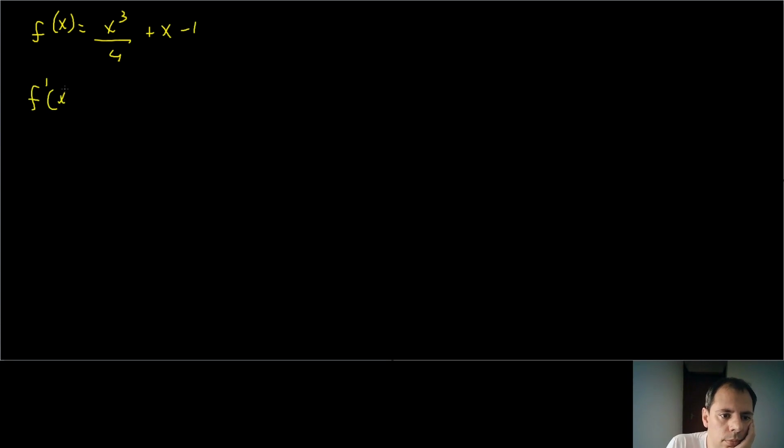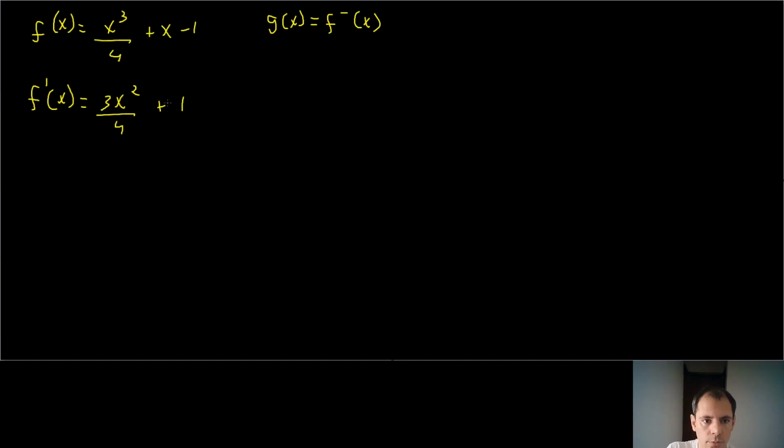Now we're going to do some exercises. You have an f here. Well, this is the f, so the first derivative is going to be 3x squared divided by 4 plus 1.